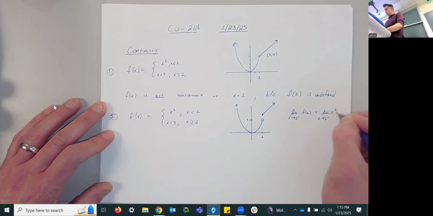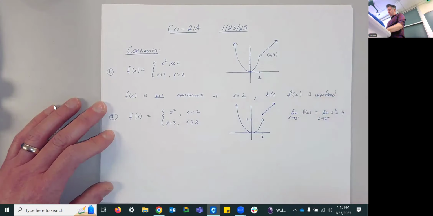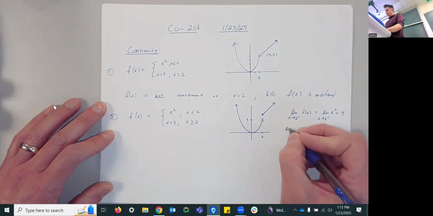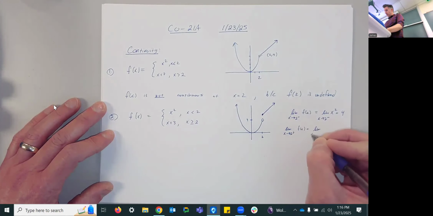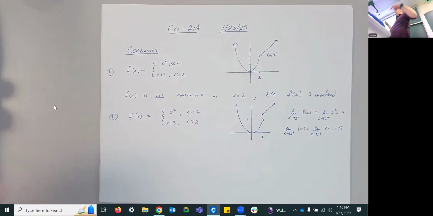If we plug in 2, we get 2 squared, which is 4. On the other side, we approach 2 from the right. We end up getting the limit as x approaches 2 from the right of x plus 3, which is 2 plus 3, which is 5. And since those two limits aren't matching up, the limit doesn't exist.